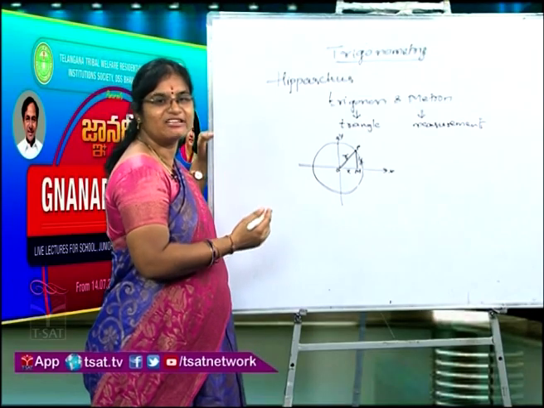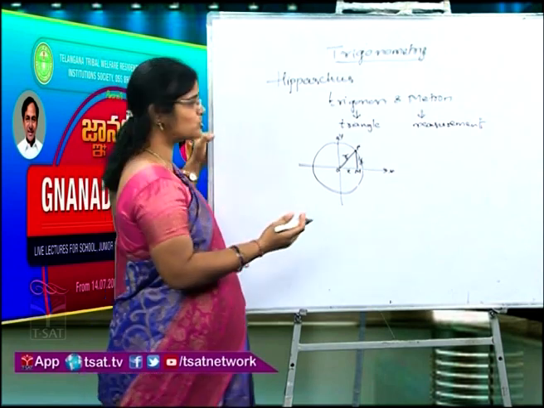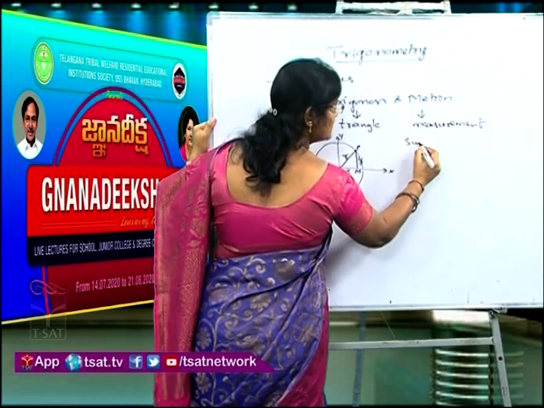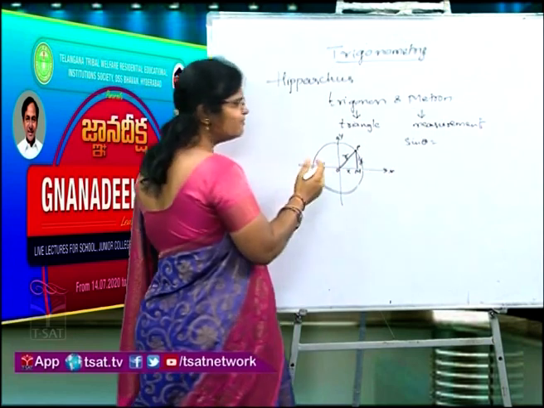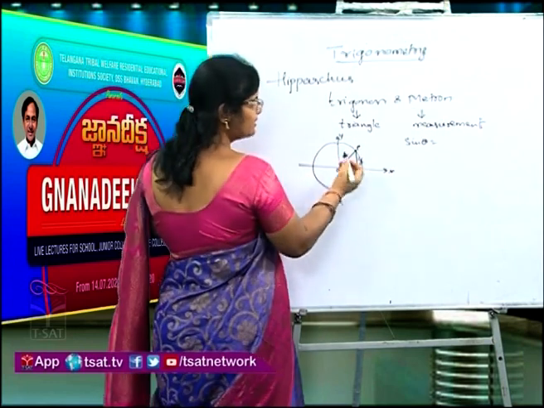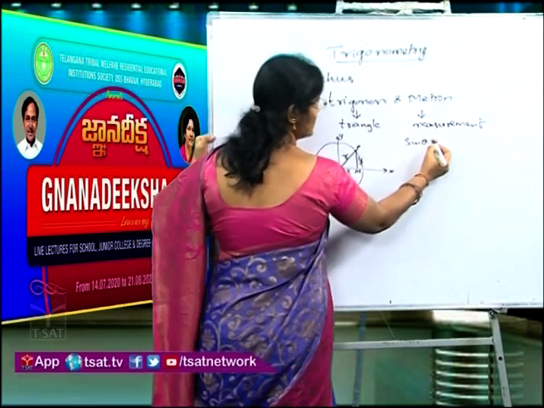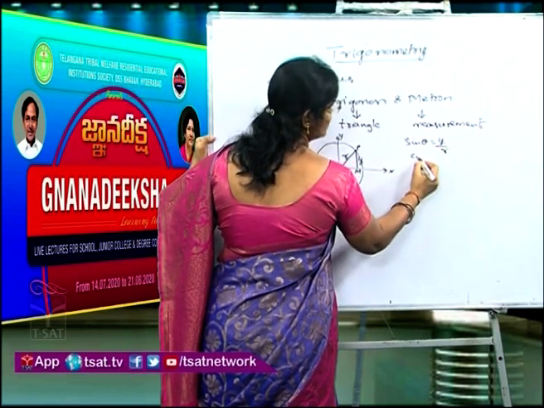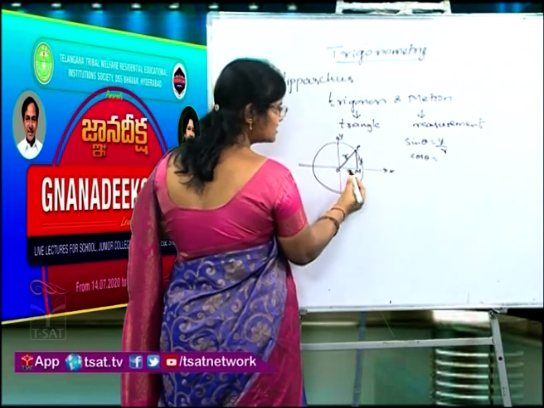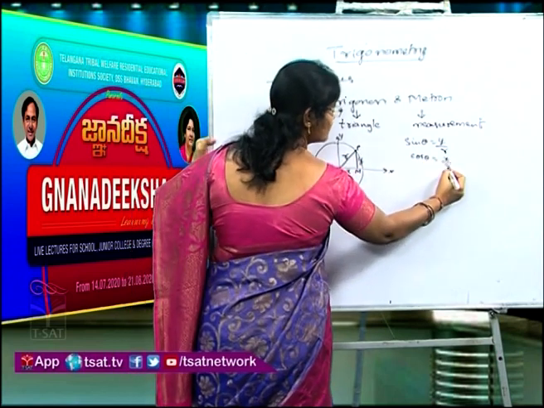Here we can define 6 trigonometric ratios, children. From the Pythagoras theorem, sin theta is opposite side by hypotenuse, that is y by r. Cos theta equals adjacent side by hypotenuse, that is x by r.